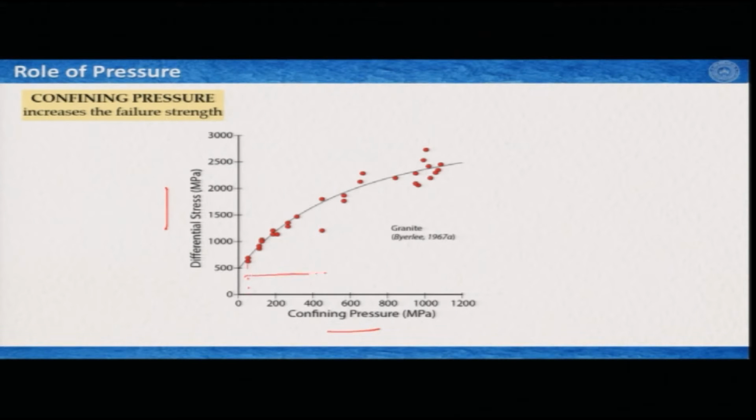So, in this wide range of experiments, we see the strength of the granite that Byerlee has used increased, and it increased non-linearly. So, the strength increase is not linear with confining pressure.